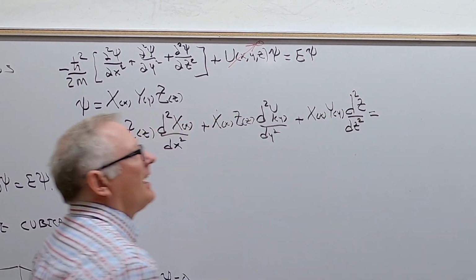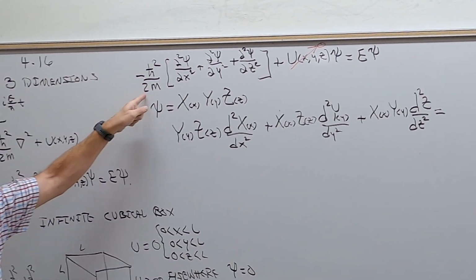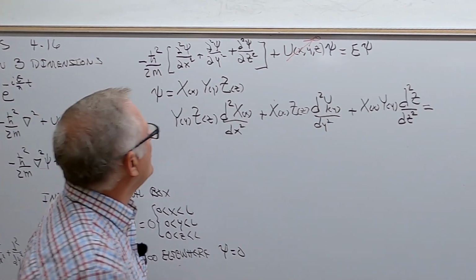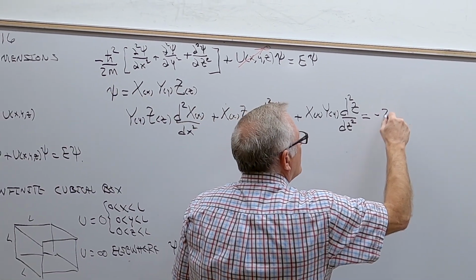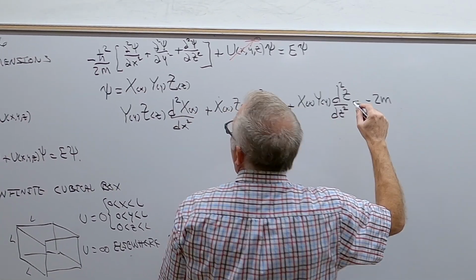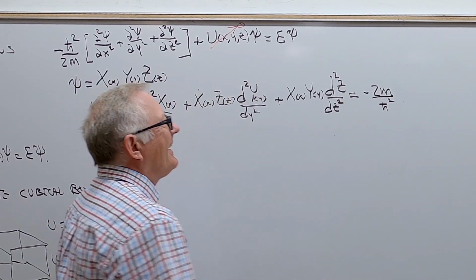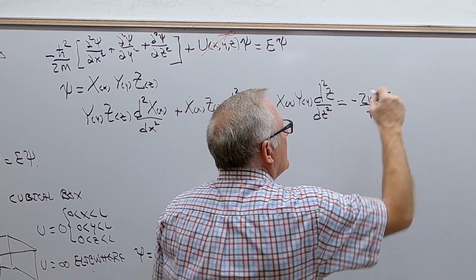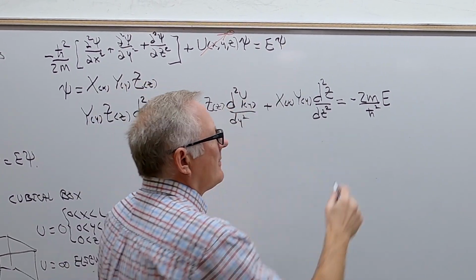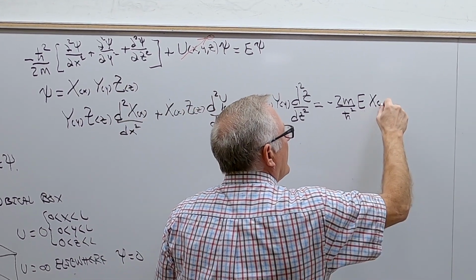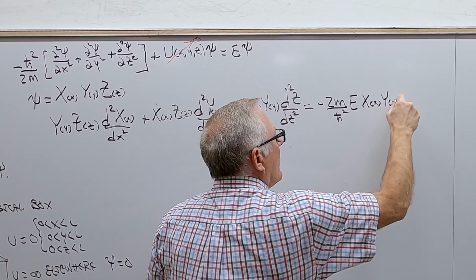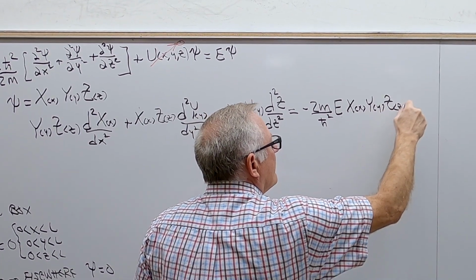And on the other side, we multiplied this through, so it's minus 2m over h bar squared e times psi, which is x sub x, y sub y, z sub z.